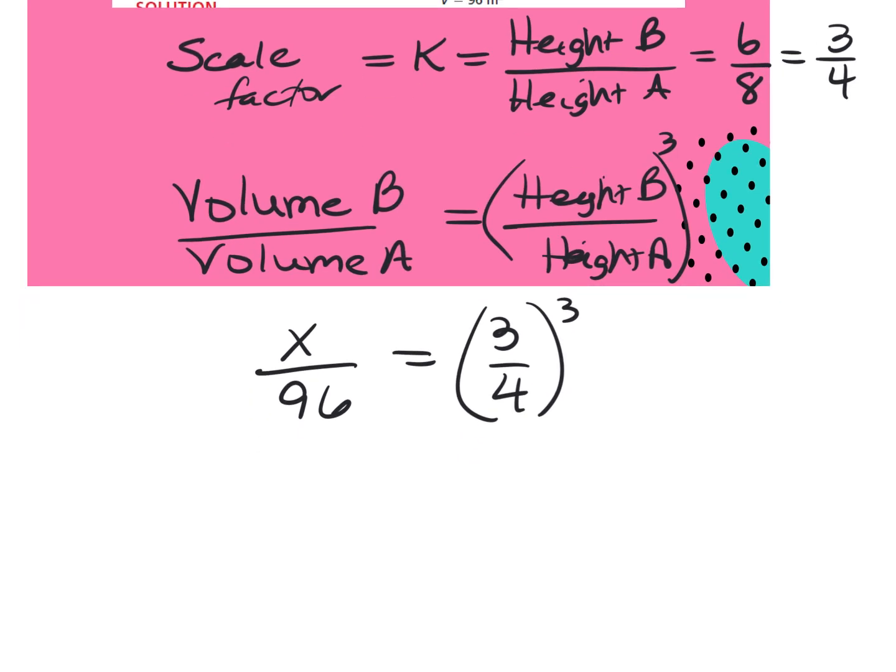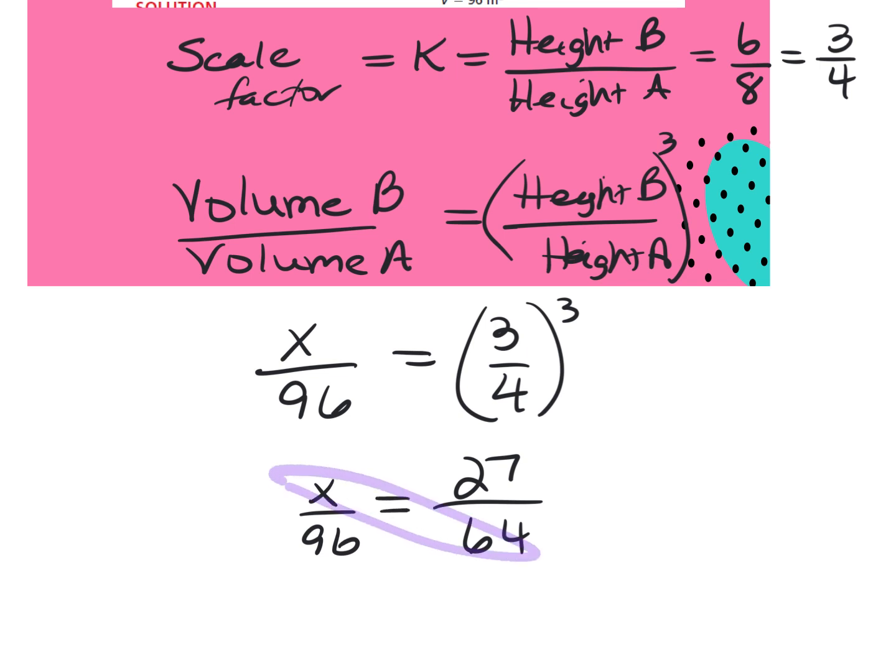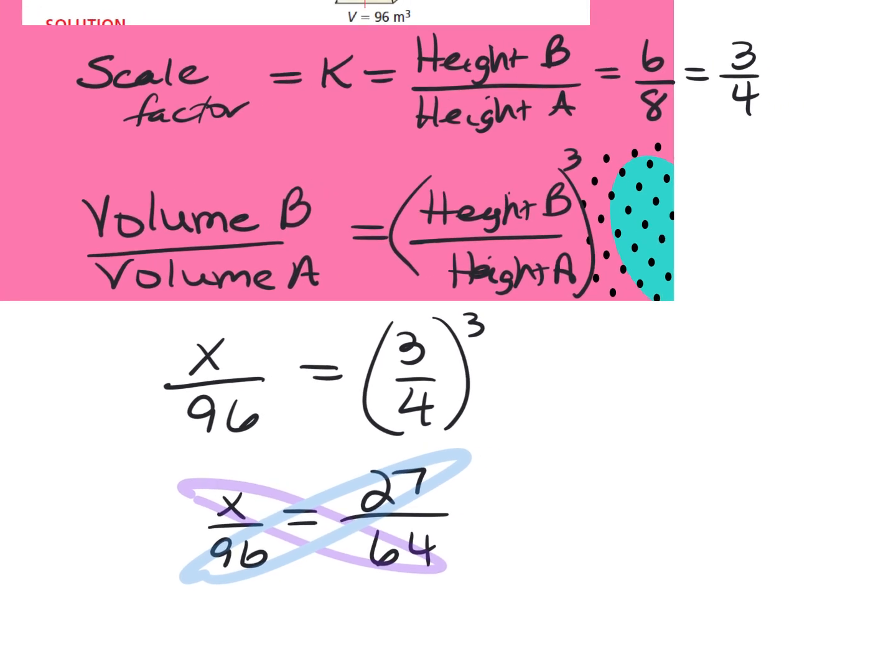So now I'm going to get 3 to the 3rd power is 27. 4 to the 3rd power is 64. And now I'm going to cross multiply. So I'm going to multiply x times 64 and 96 times 27. So once I cross multiply, I get 64x is equal to 96 times 27, 2,592.